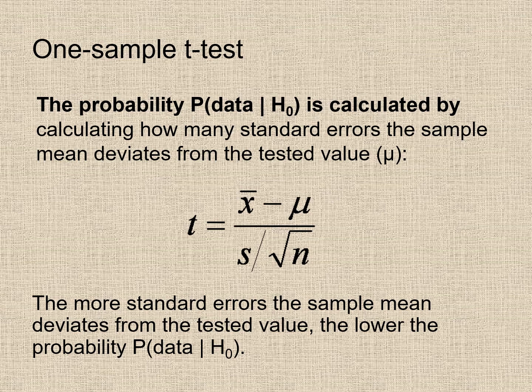And then we know that the larger the difference between x bar and mu, the difference between the sample mean and the tested value in standard errors, the lower is the probability of the null hypothesis being correct. So the more this t-value deviates from 0, the lower is the probability for the tested value to be the population mean.